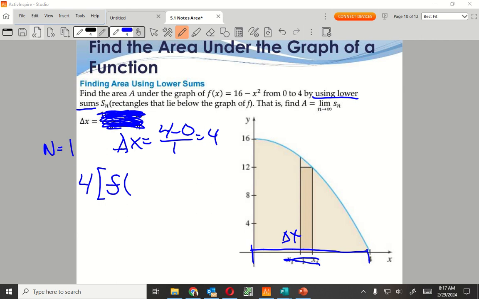That's the width here. And so the right-hand side, which is the lower end, is going to be here. I only have one rectangle. So what is f of 4? Yep. So I have one rectangle with a height of 0.